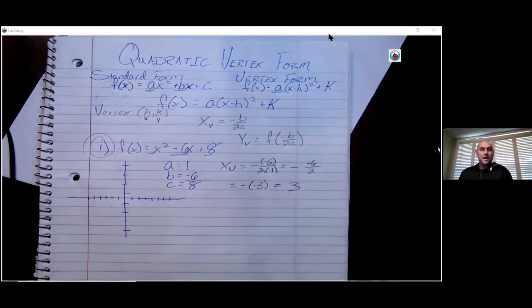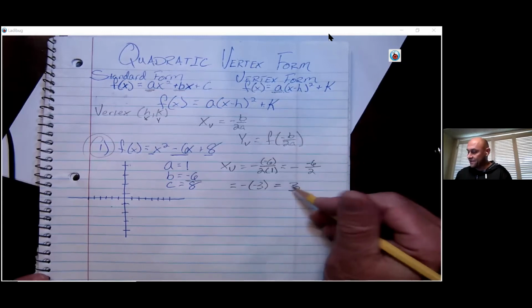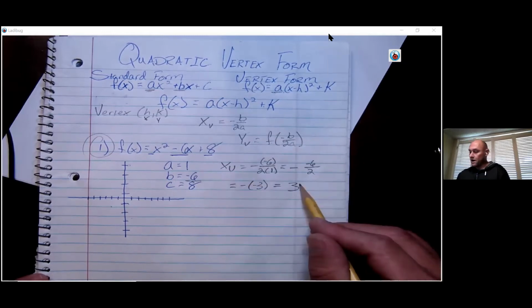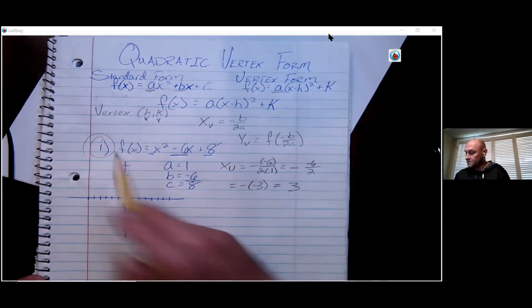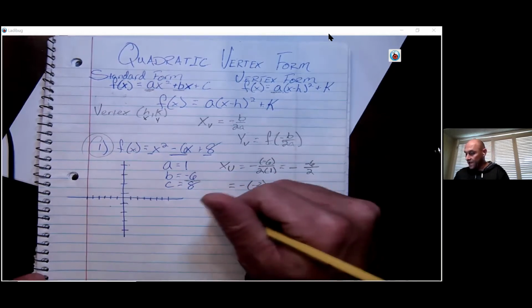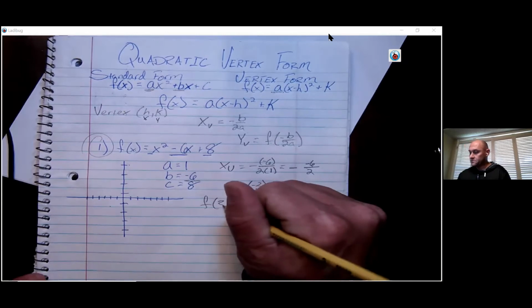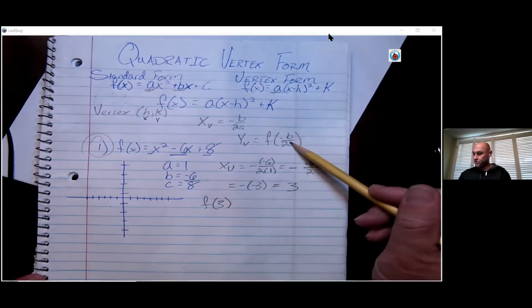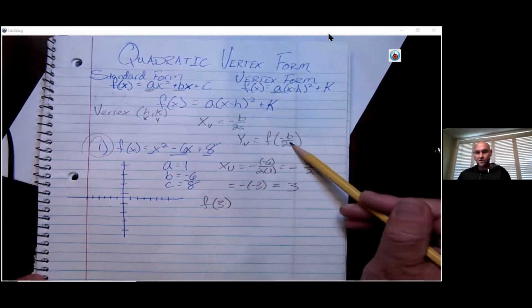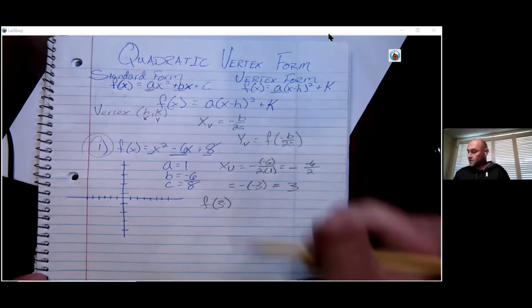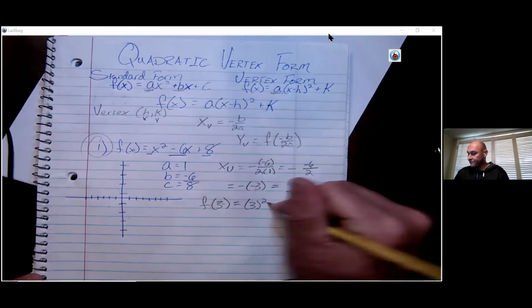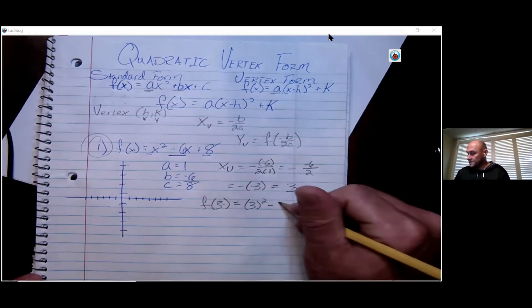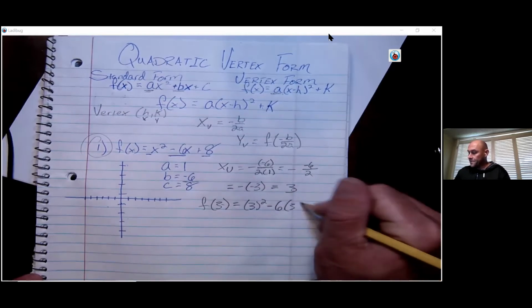Now I'm going to take the x value of my vertex and plug it into the original function to find the y value. So f of 3. That's where I get my negative b over 2a. f of 3 equals 3 squared, I plug it in for every x, minus 6 times 3 plus 8.